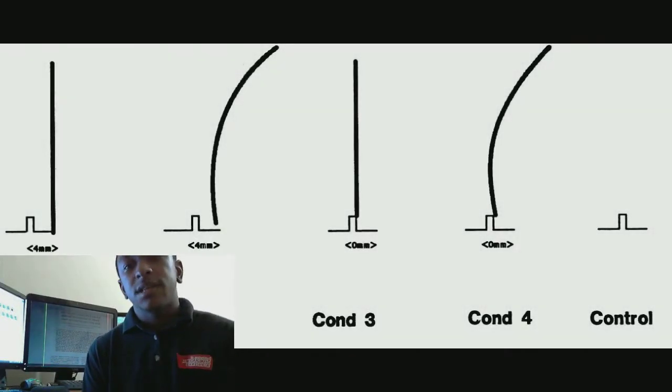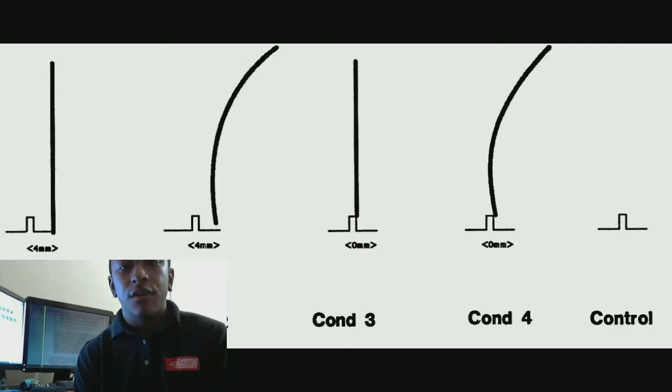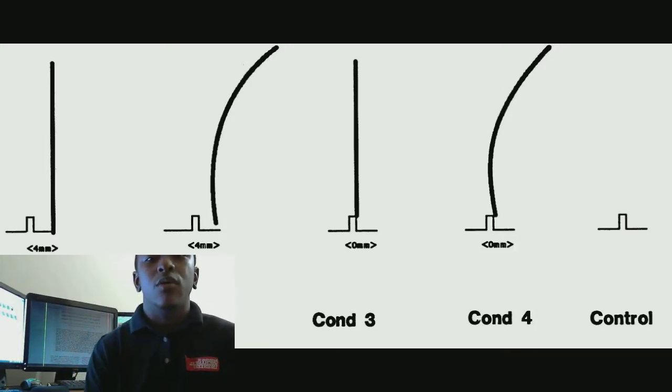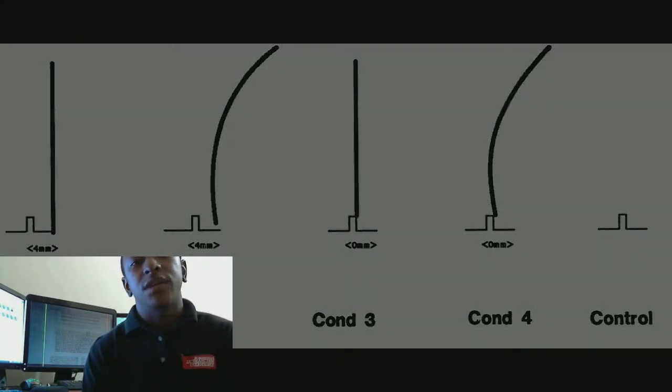It is to my understanding that the reason these conditions were applied was to observe whether or not the jets coming from the orifice would be affected by the curved surfaces or straight surfaces, as well as how they would react compared to the 5th condition in which no surface was installed.